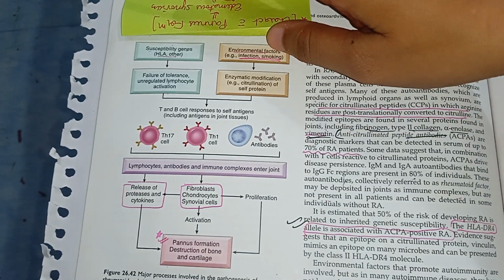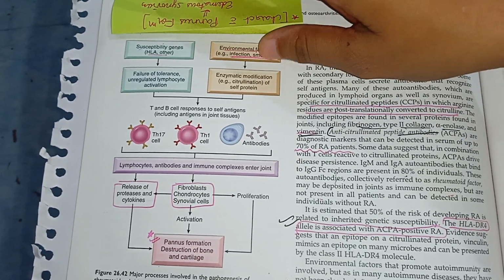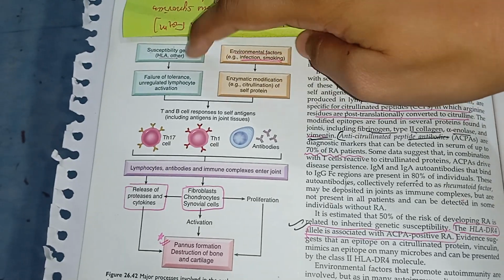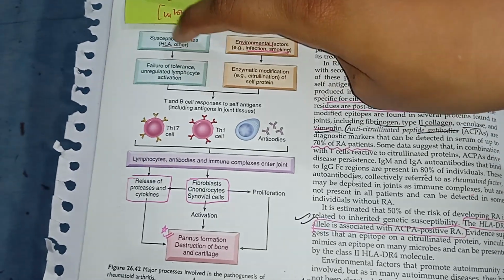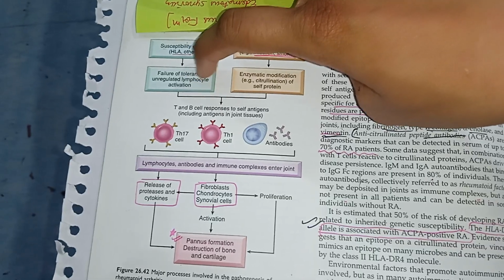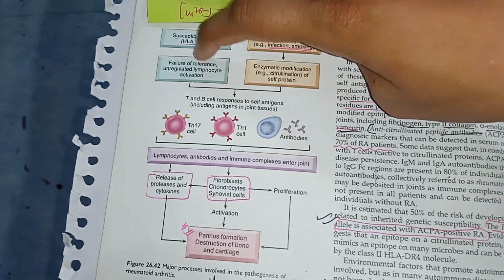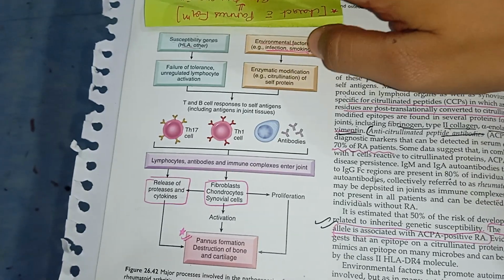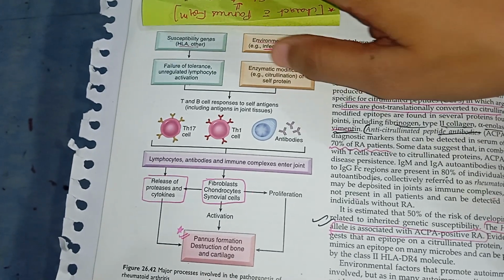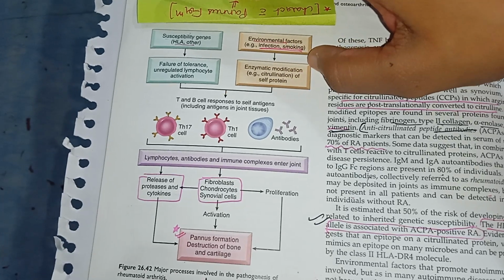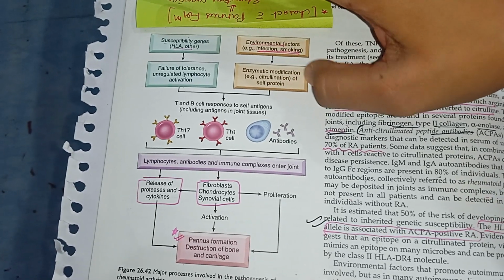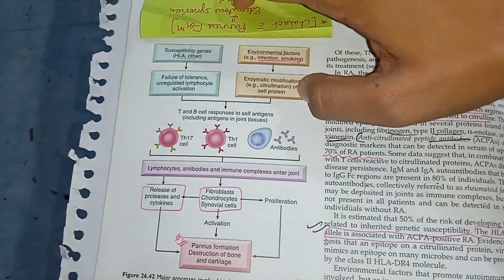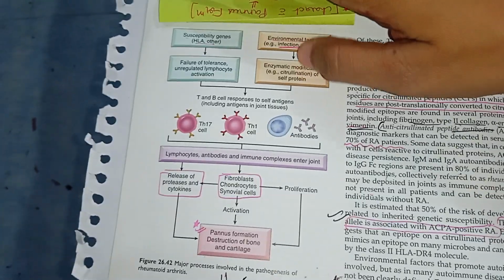Among environmental factors, we have infection or smoking. Genetic susceptibility, as we have already learned, will result in the failure of self tolerance mechanisms and unregulated lymphocytic activation. Secondly, the environmental factors will contribute to enzymatic modification, like citrullination of self proteins.